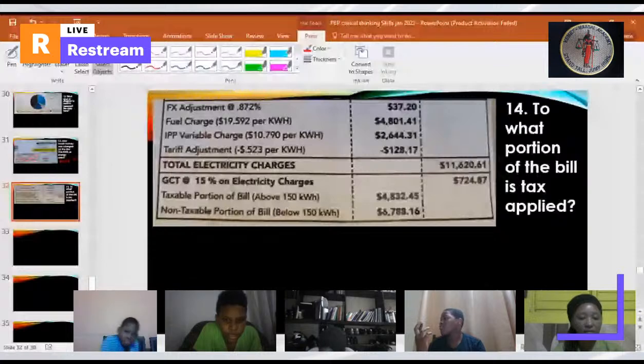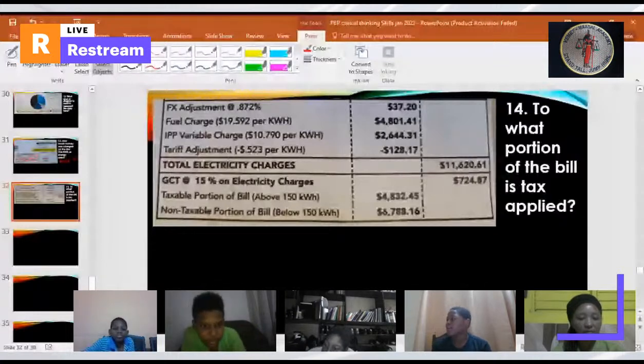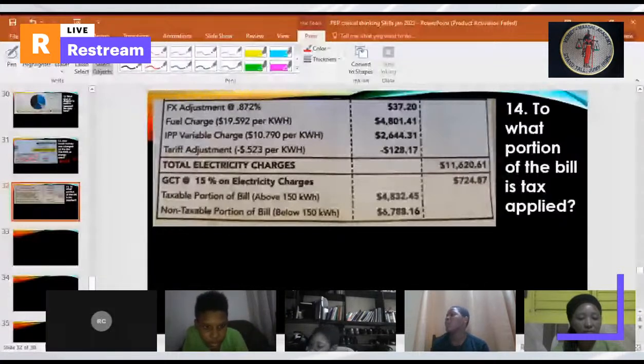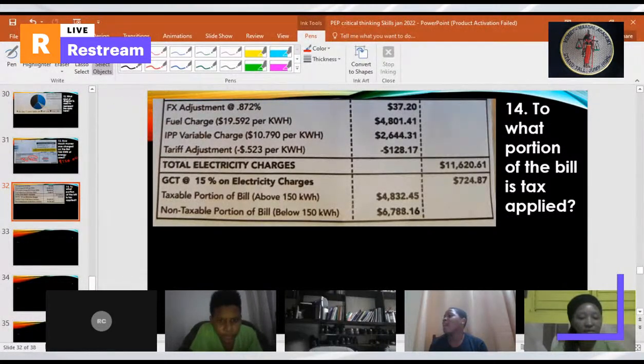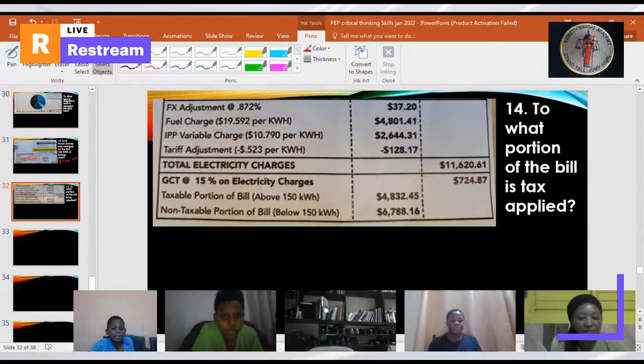Tariff adjustment negative 0.523 per kilowatt. Total electricity charges. GCT at 15% on electricity charges. Taxable portion of the bill above 150 kilowatts. Non-taxable portion of the bill below 150 kilowatts.